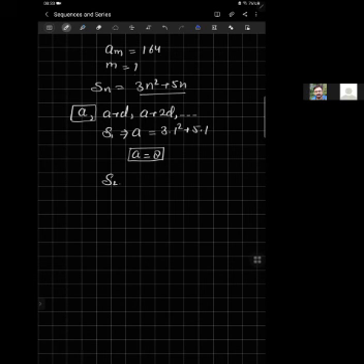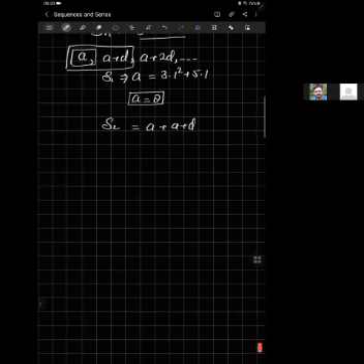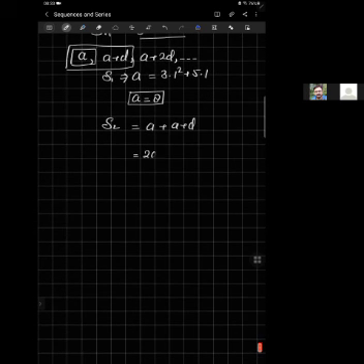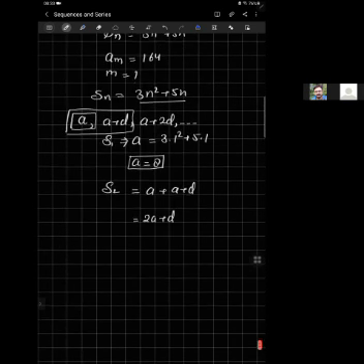Now S2, that is the sum of two terms. These are the two terms, their sum I need to write. So it will be a plus a plus d, 2a plus d. Now S2 means in place of n we need to put 2. So 3 into 2 square, 5 into 2.